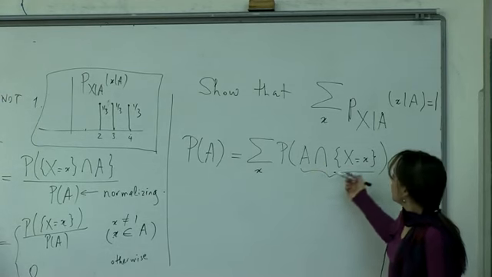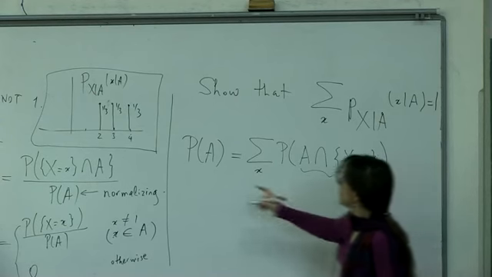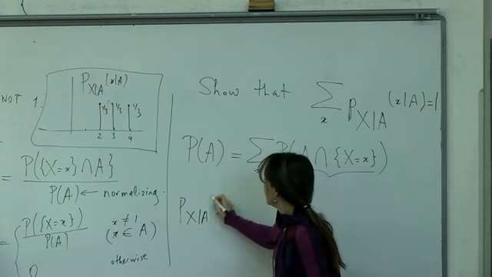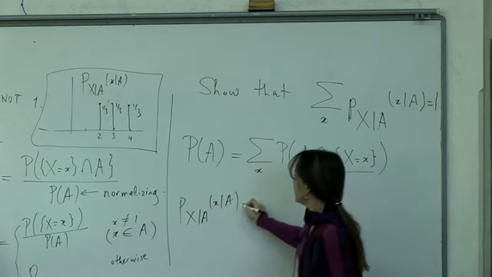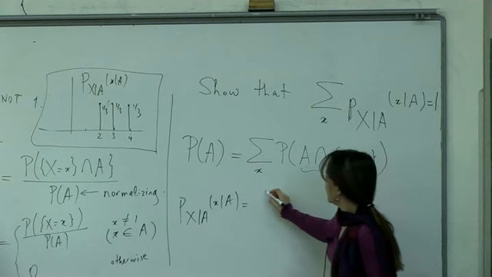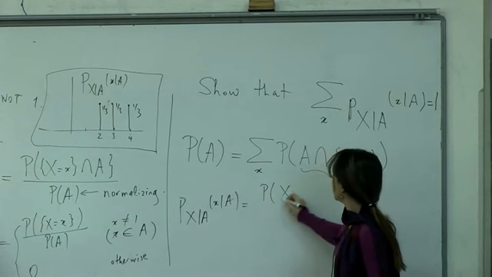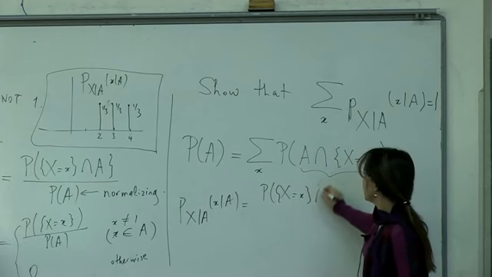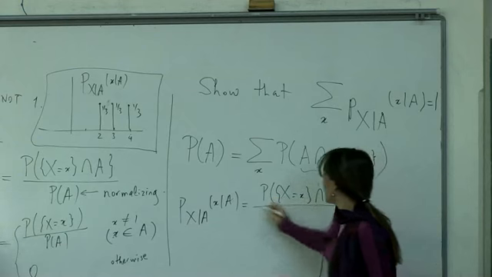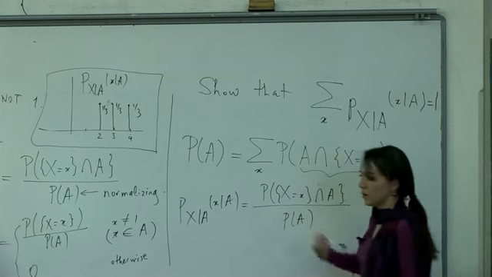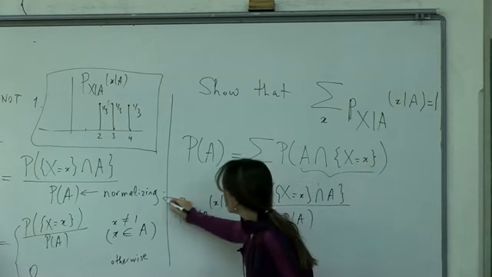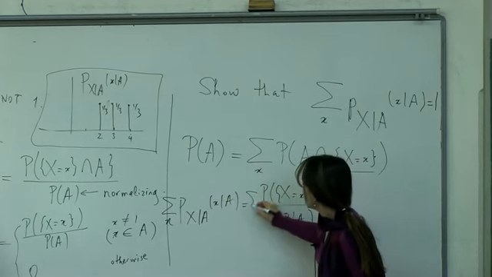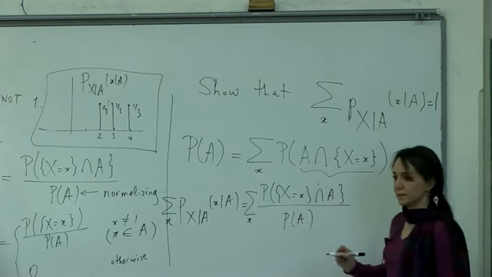Okay, so now let's write P of x given A again. P of x given A is the probability that X equals x intersection A divided by the probability of A. And we are supposed to sum this over all x. So let's sum both the right-hand side and the left-hand side over x.